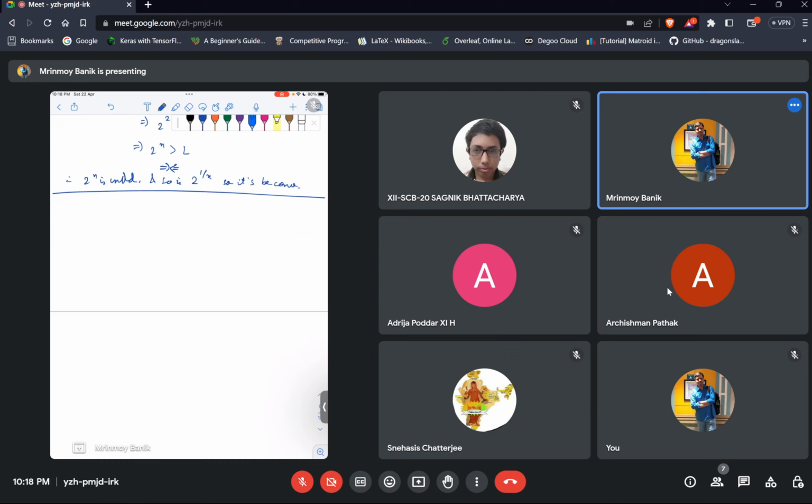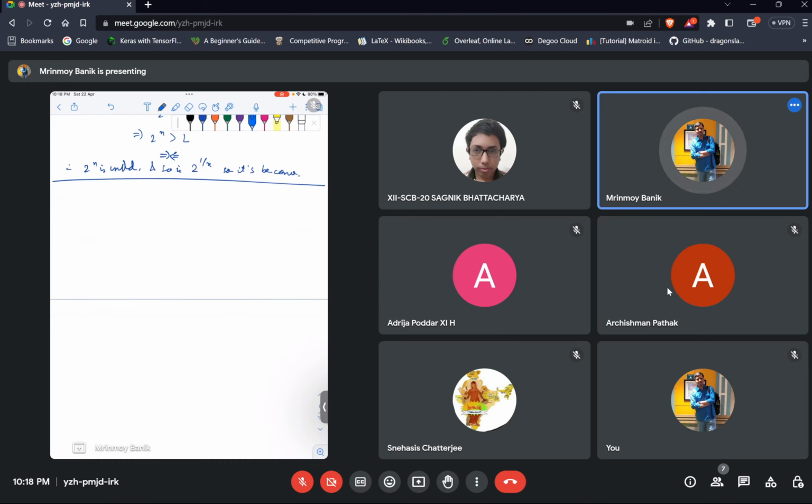Okay, let's introduce a new concept: the concept of closed and open sets. So, intervals can be closed and open, right?